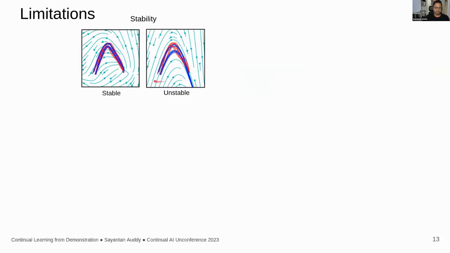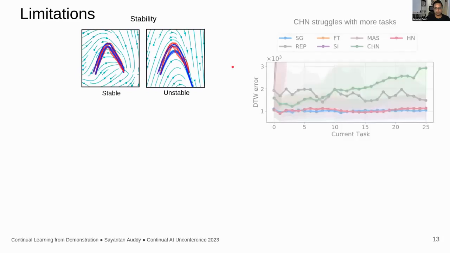In the example on the right-hand side, if a robot were to follow this vector field, it would reach the goal and then drive away from it. And this is not what we want. We want the vector field to converge at the goal so that the robot always goes to the goal and stops there. And the neural ODE does not have such stability guarantees.